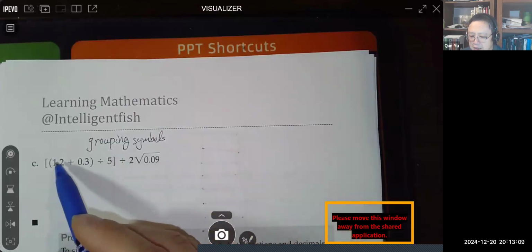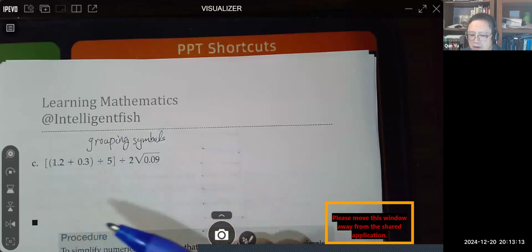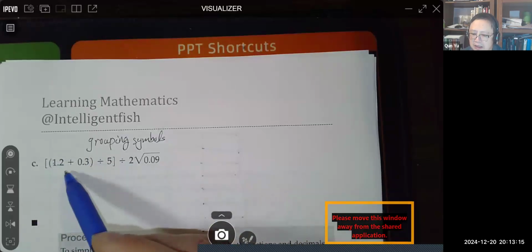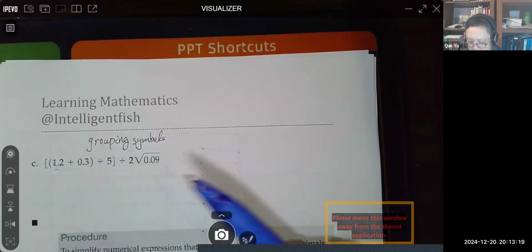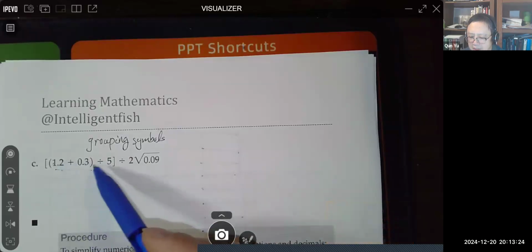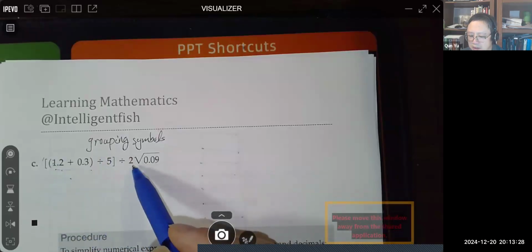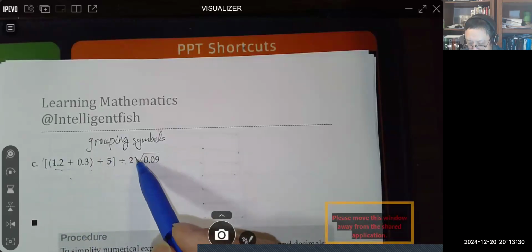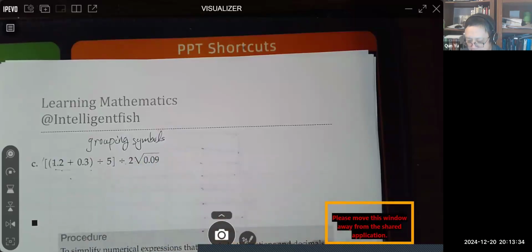So whenever you have layers of grouping symbols, you always do the one that is inside first, and then do the one that is outside. In this case, we need to do this addition, then we do division for this whole thing. Then between division and multiplication, the square root has higher priority.